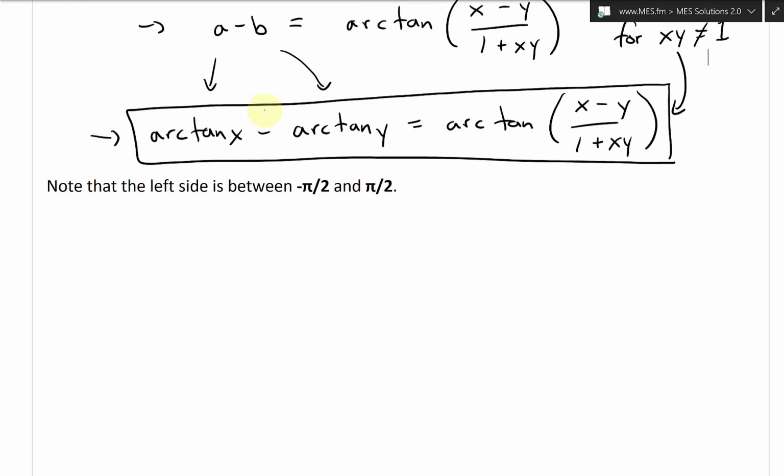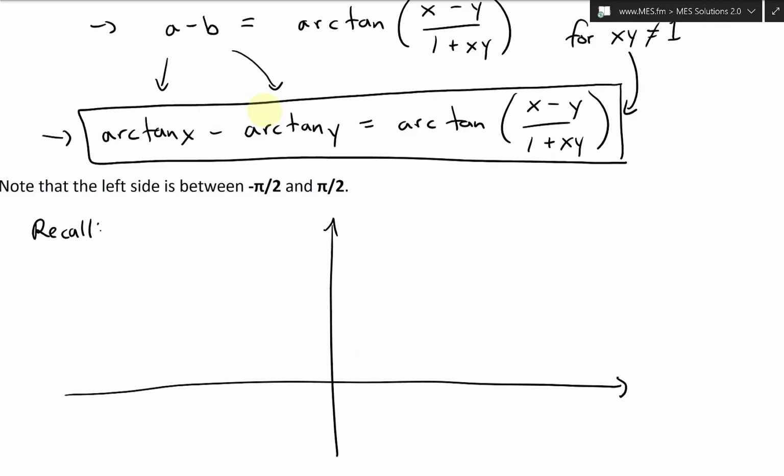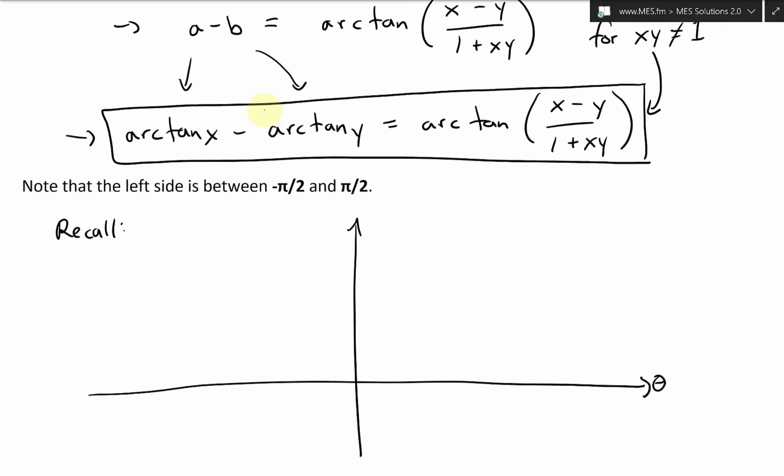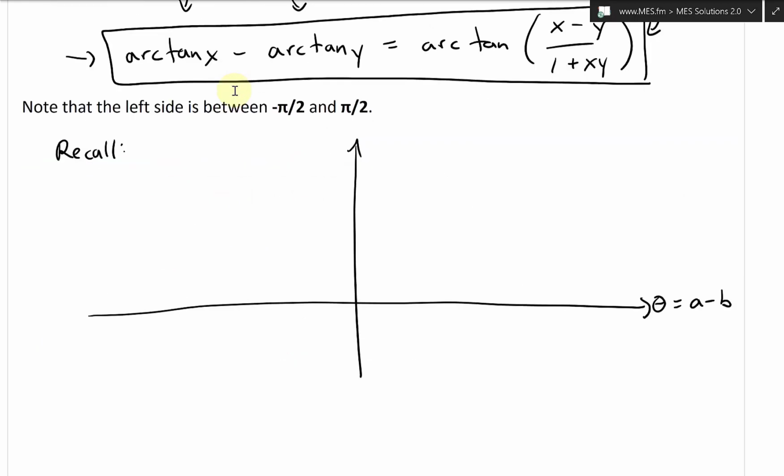So let's say recall, first we have tan of theta, where theta is equal to a minus b, because a minus b can be viewed as the angle inside this tan. And remember that this goes up like this.